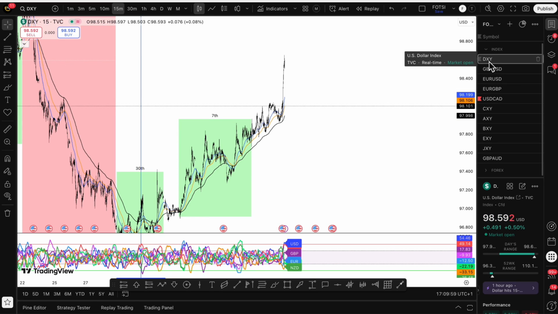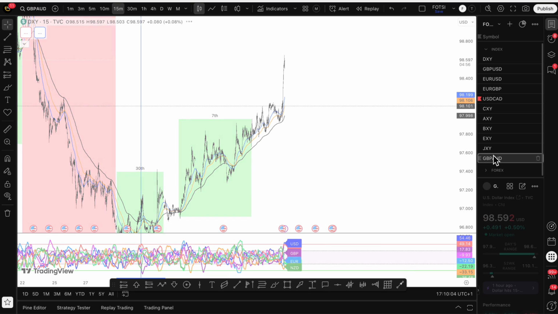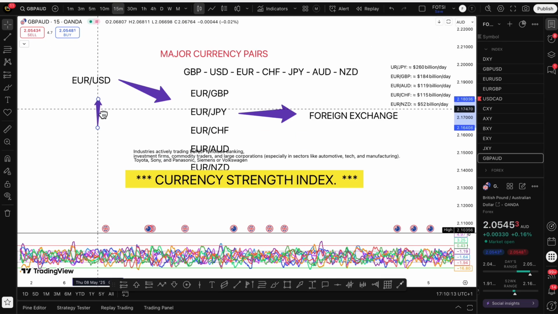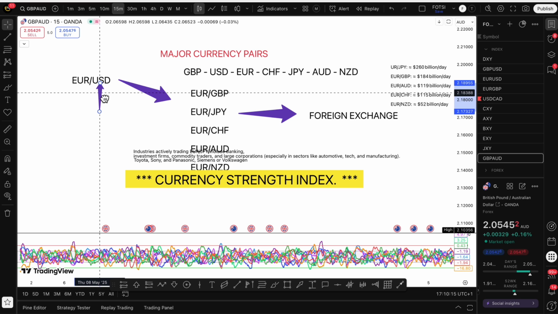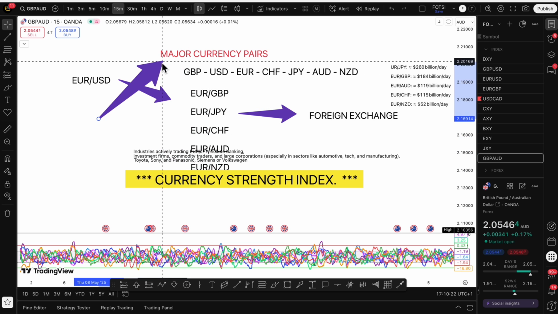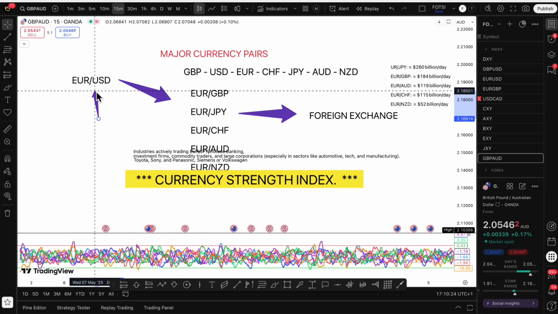The strength of this index is determined by all the transactions that happen. So the strength of the dollar is determined by the business it does with all these other economies, not just the euro.